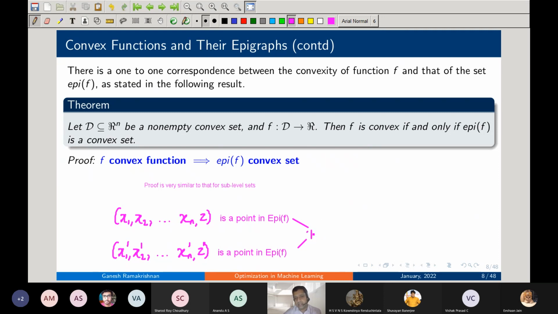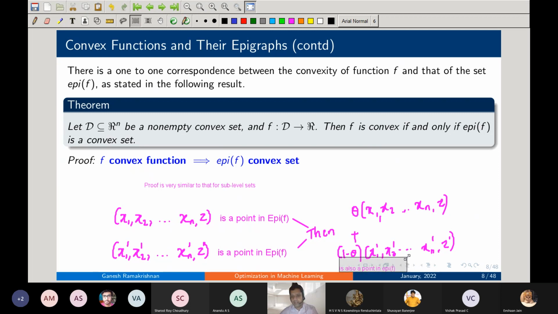Our claim is that theta times (x1, x2, ..., xn, z) plus 1 minus theta times (x1', x2', ..., xn', z') is also a point in epi f.